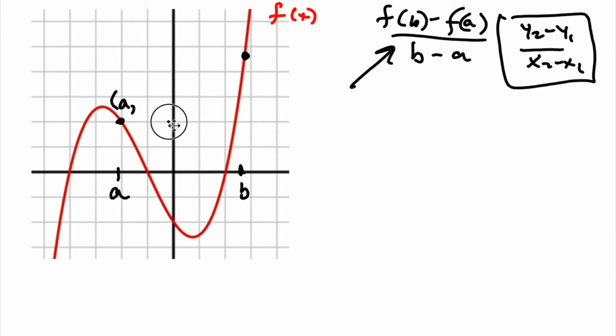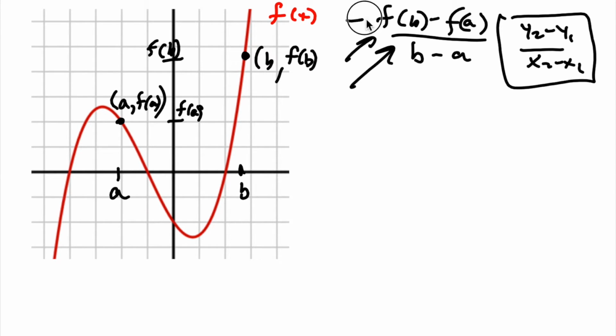But then my y value here is just f of a, the function at a. If I plug a into the function, I get my y value. That's why they say f of x, your function at x. And for b, b is the x value, and the y value is just the function at b. So this is f of b. That's where this stuff comes from.